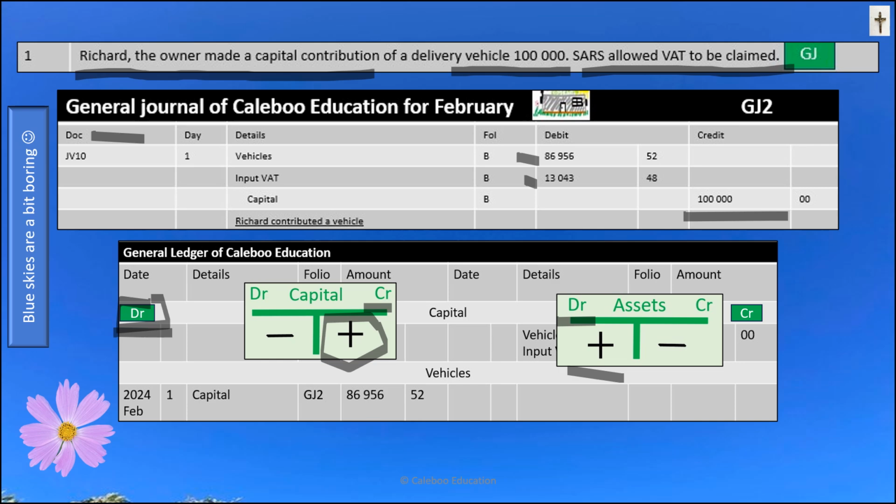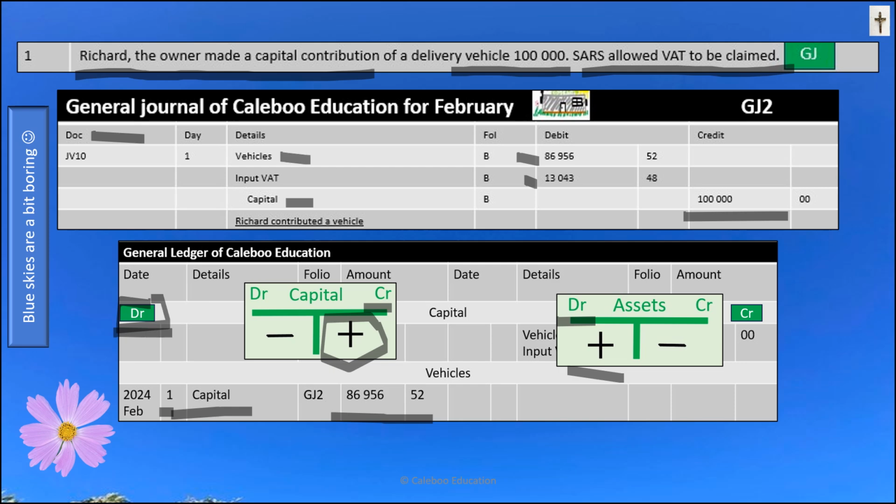So vehicles gets debited with the amount excluding VAT, and the contra account is capital. When did this transaction take place? On the 1st.